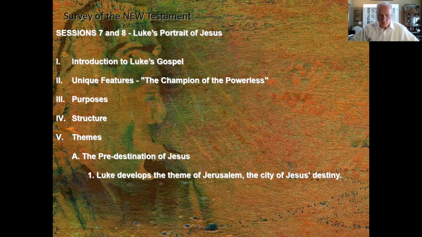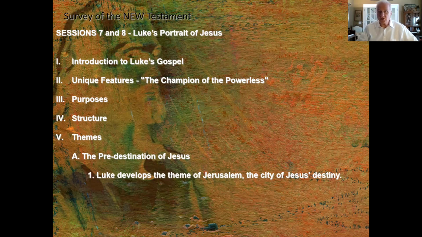In chapter 24, Luke brings this theme of Jesus's destination to Jerusalem to a close by situating all of Jesus's post-resurrection appearances in Jerusalem or near Jerusalem, rather than in Galilee as in Mark and Matthew.